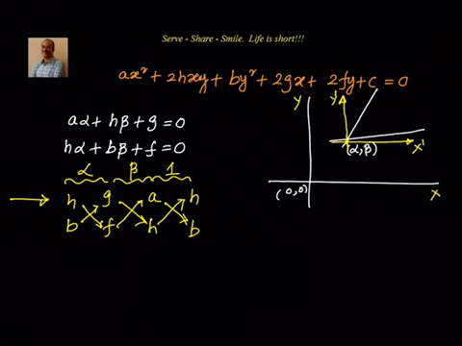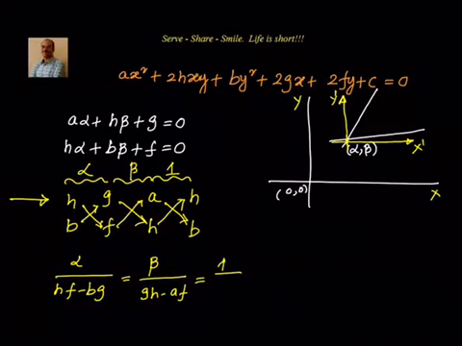So what it will be now, alpha divided by hf minus bg is equal to beta divided by gh minus af is equal to 1 divided by ab minus h square.